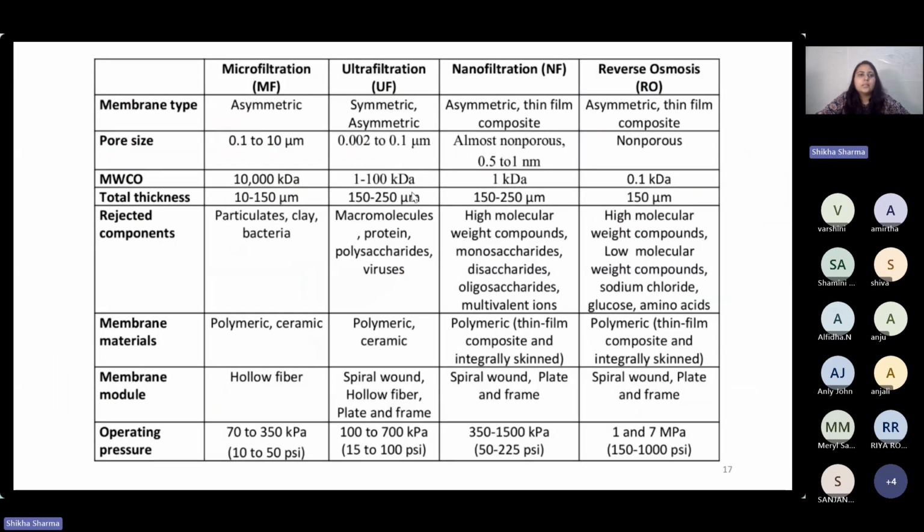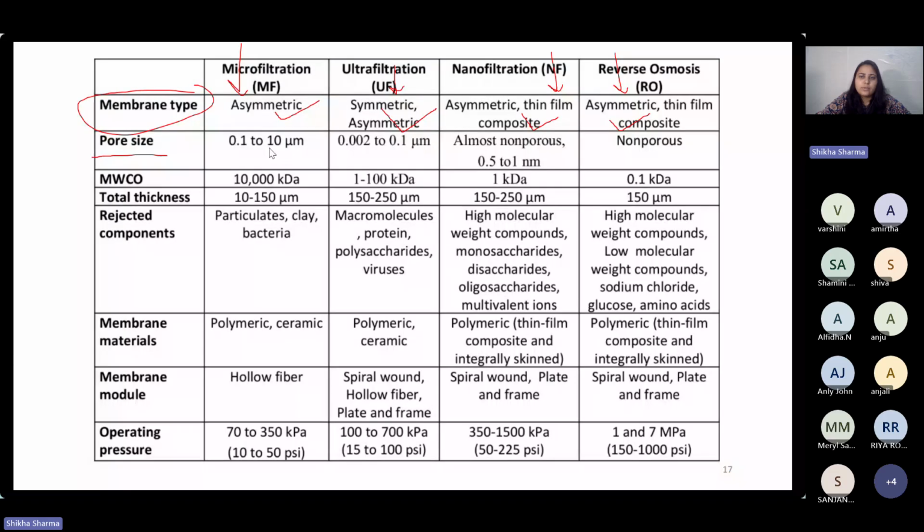And here is the comparison of different filtration methods like microfiltration, ultrafiltration, nanofiltration, and reverse osmosis. If we see the membrane type, in microfiltration we use basically asymmetric. In ultrafiltration, we can use both symmetric and asymmetric. Whereas in nanofiltration and reverse osmosis, we basically use asymmetric thin film composites.